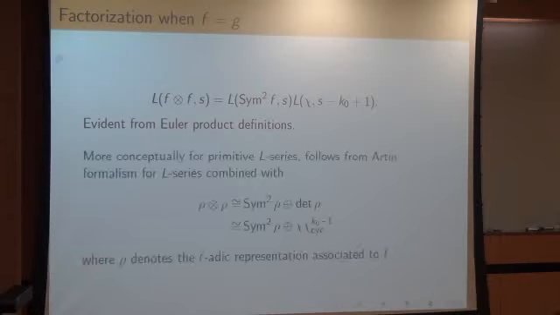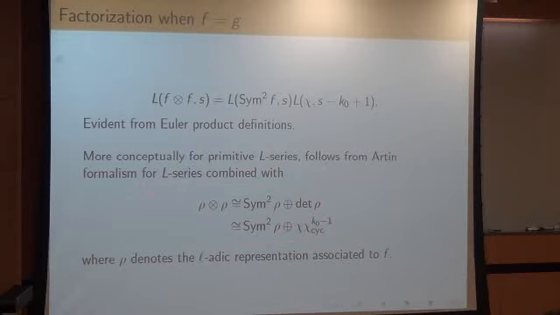More conceptually, in terms of these l-adic representations that I was mentioning, this arises from the Artin formalism for L-series. This is for the primitive L-series now, so you have the right factors at the bad primes, which I've glossed over in my Euler product description. It follows from Artin formalism combined with a general fact in representation theory.